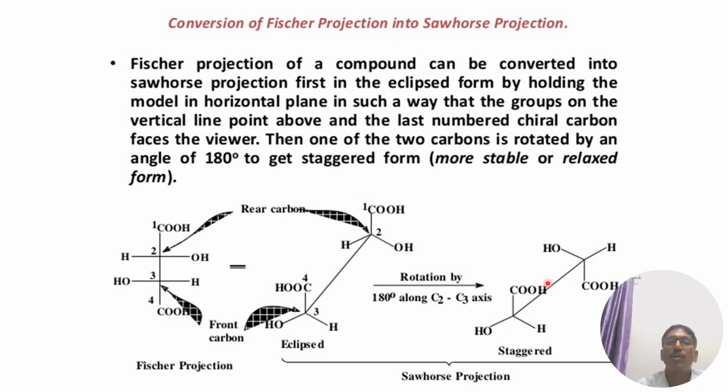It's a more stable form since it has a good dihedral angle. Therefore, steric and torsional strain would be very less. Once you get the eclipsed form, we just need to rotate 180 degrees along the C2 and C3 axis. Therefore, you get the staggered conformation.